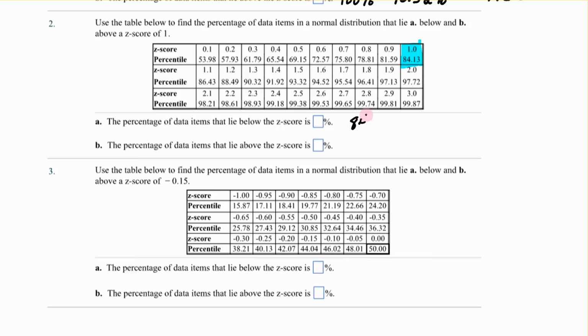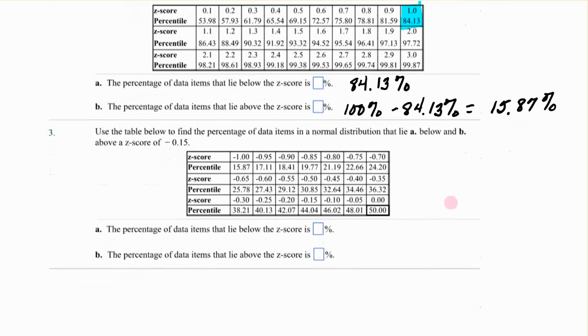Automatically, it is 84.13%. That's the percentile that it's in. How many are above it? The rest of them. 100% minus 84.13%. Do that subtraction, and you'll get 15.87%.